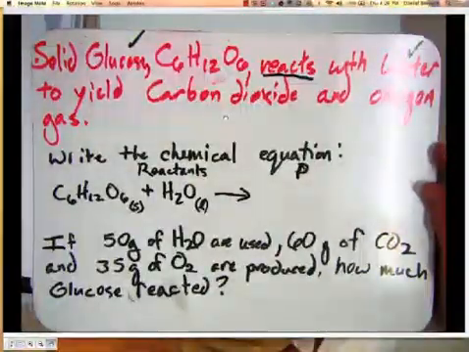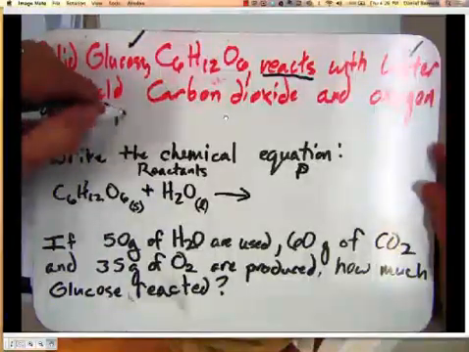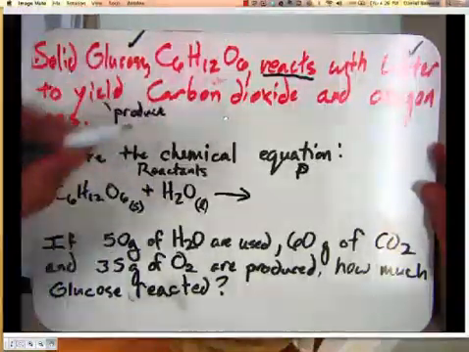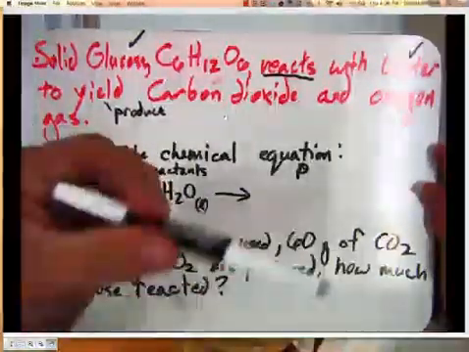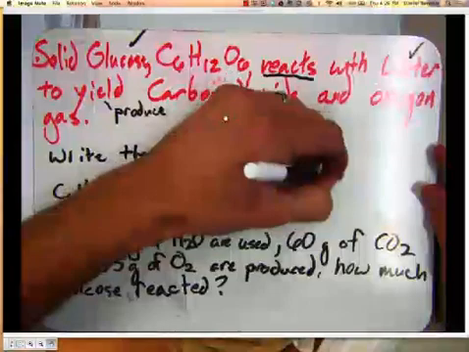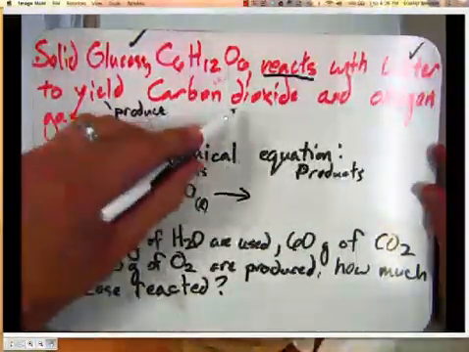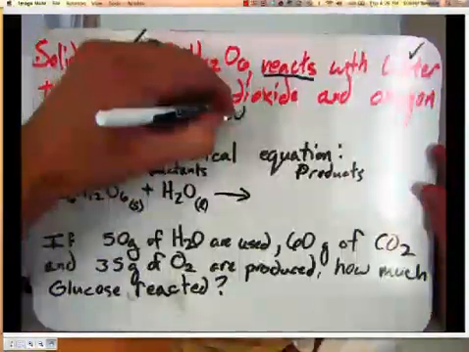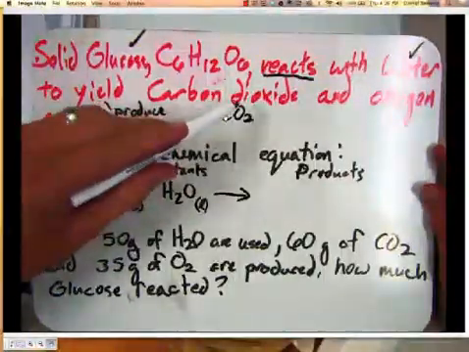Now it says to yield. Well, yield again means produce. So that means that what I'm yielding or producing is going to go on the right side of my equation, the section that's for products. So I look at my first substance, carbon dioxide. The formula for carbon dioxide is CO2. It's a carbon and two oxygens.